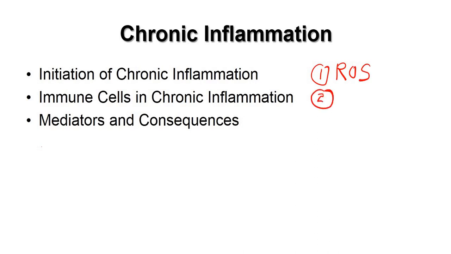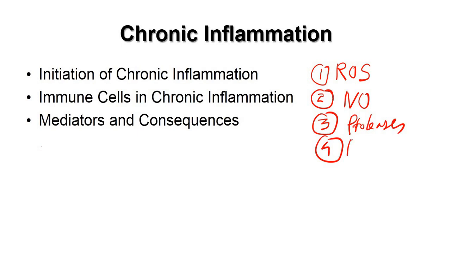Second mediator is nitric oxide, that is NO. The third mediator, of course, is proteases. Proteases help in tissue remodeling, and the fourth mediator we have already covered earlier in acute inflammation are prostaglandins, especially the two variants PGE2 and PGF2 alpha. These are the mediators.